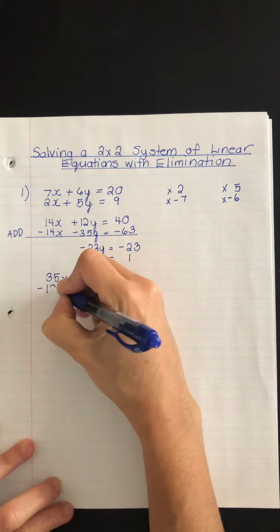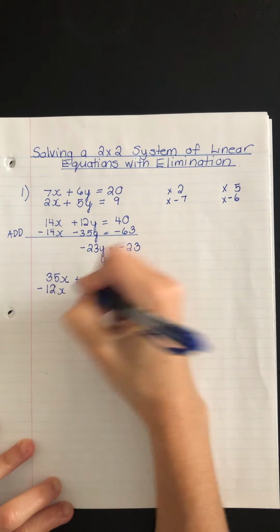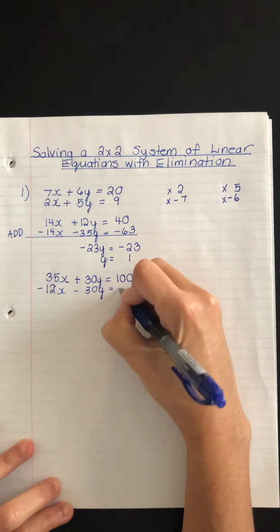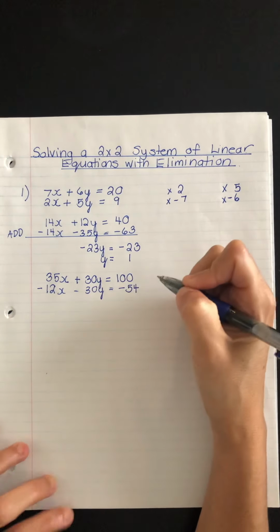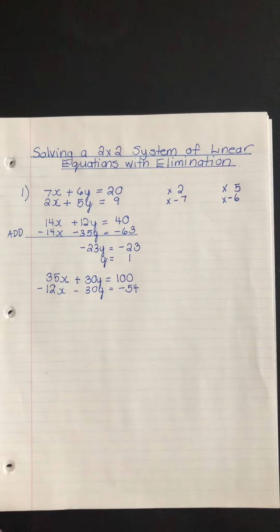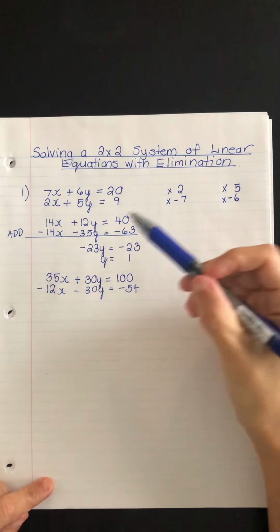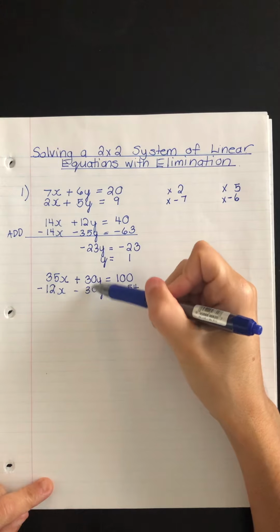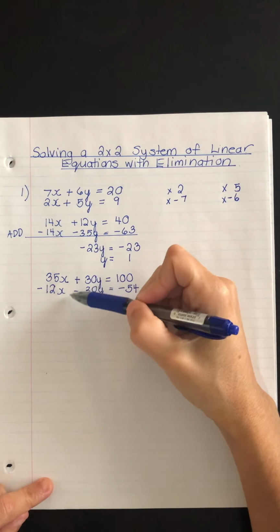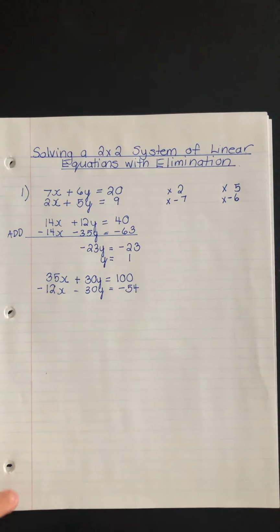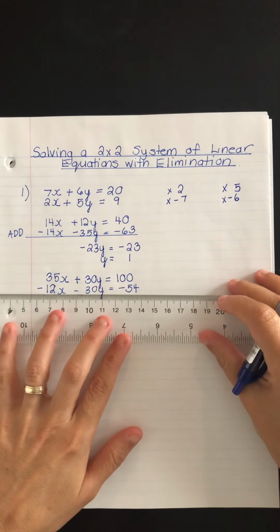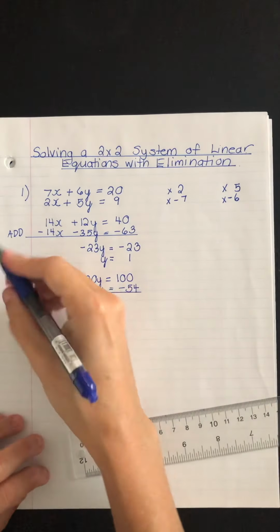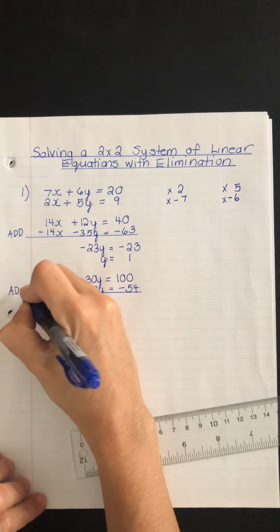So this is negative 12x minus 30y is negative 54. So before continuing, check quickly. Yes, indeed, I do have the same number here now in front of y and with opposite signs. This means that I'm at the point where I can add the two equations together.